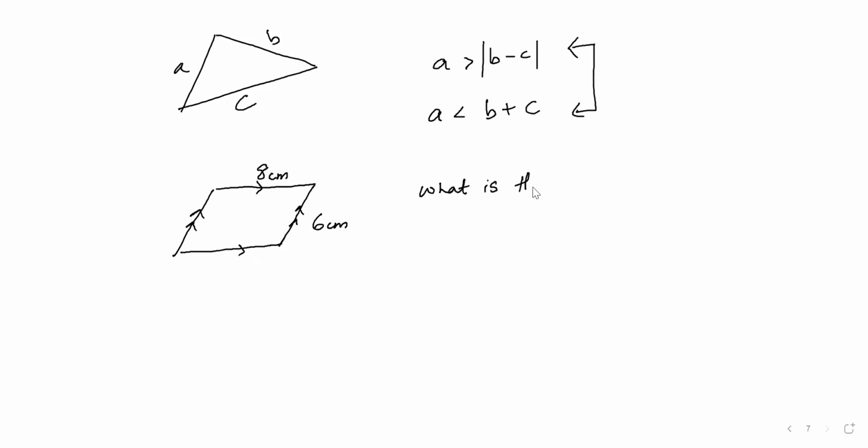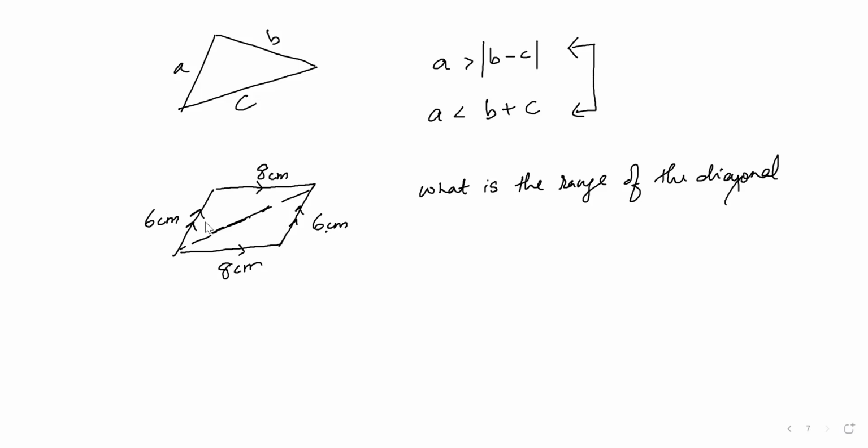Or which of the following is the range of the diagonal? You can apply this theory which I discussed about the triangle. So we know that this is my diagonal out here. And we know that if this is 8, this is also 8. And if this is 6, this is also 6.